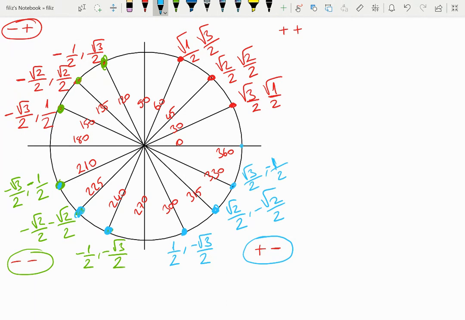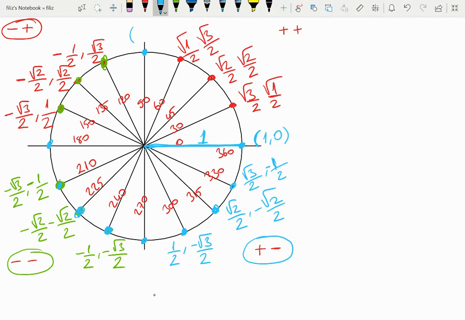So how about here and here and here and here? We know we are in the unit circle. So this is unit circle and radius 1, right? So here my x and y values, x is 1 and y is 0.